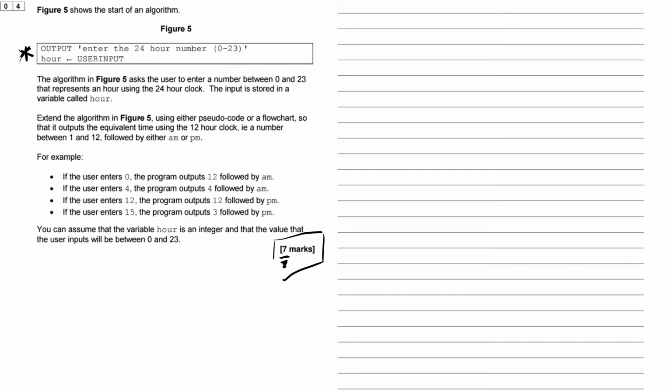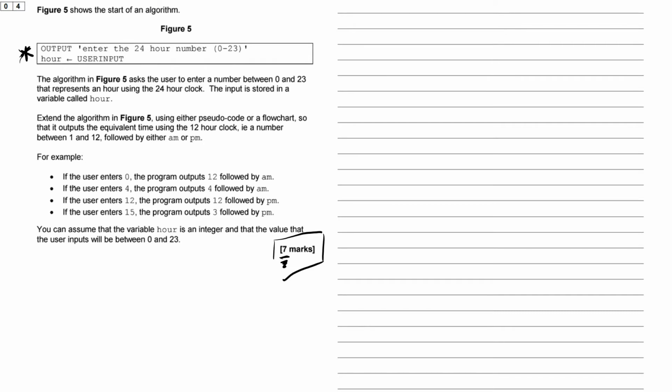Extend the algorithm in figure 5 using either pseudocode or a flowchart so that it outputs the equivalent time using the 12-hour clock. For example, a number between 1 and 12, followed by either AM or PM.